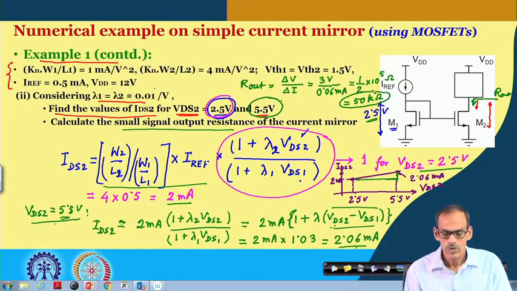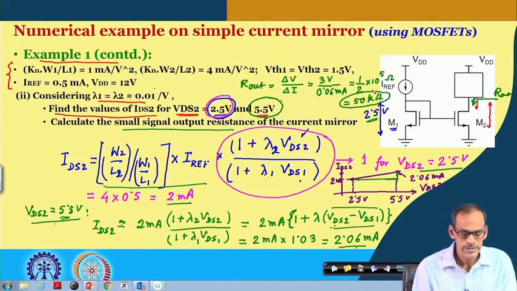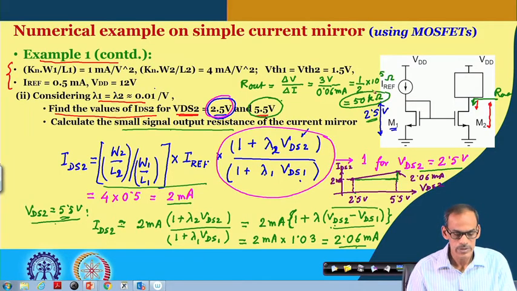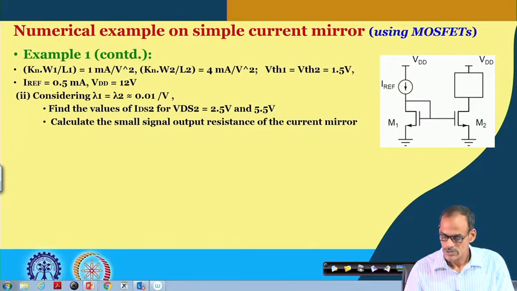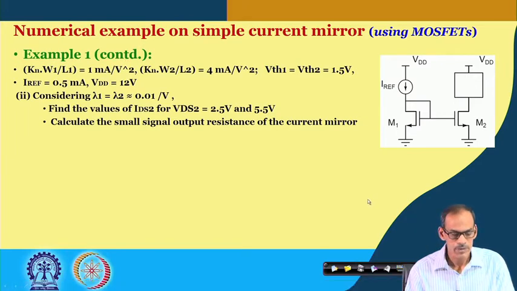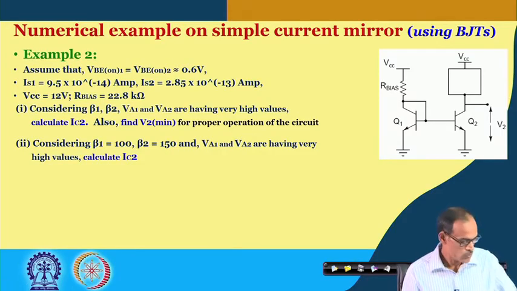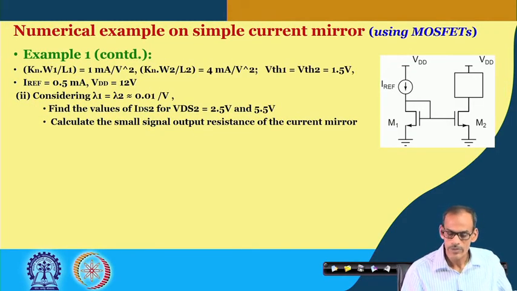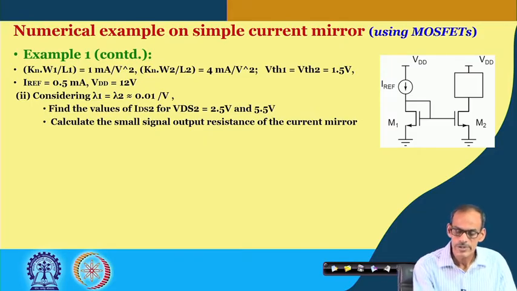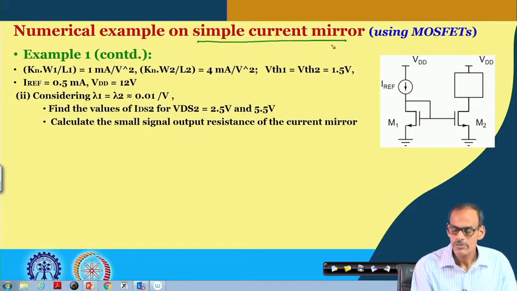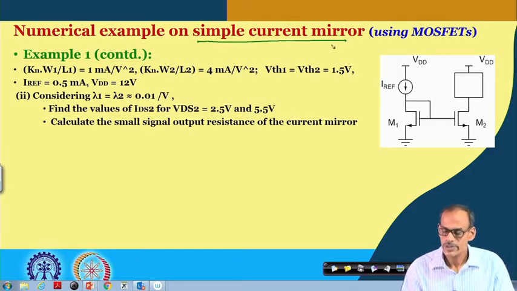So, that is the small signal output resistance of 50 kilo ohm, right. Now, if we continue this exercise for other conditions, let us see in the next slide the third part of this. Now we are going to BJT. We have considered this simple current mirror, and a similar kind of circuit can be constructed by BJT.